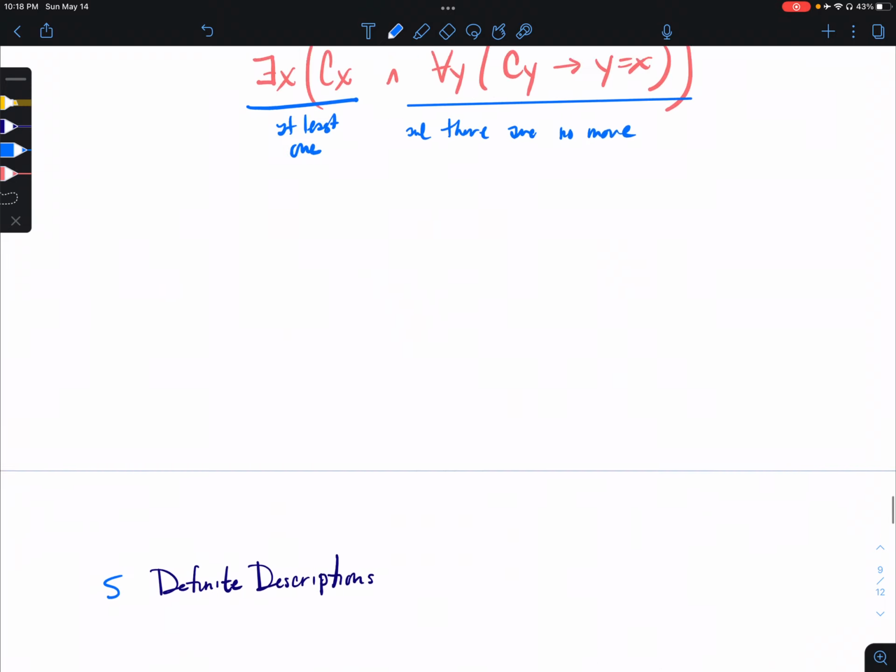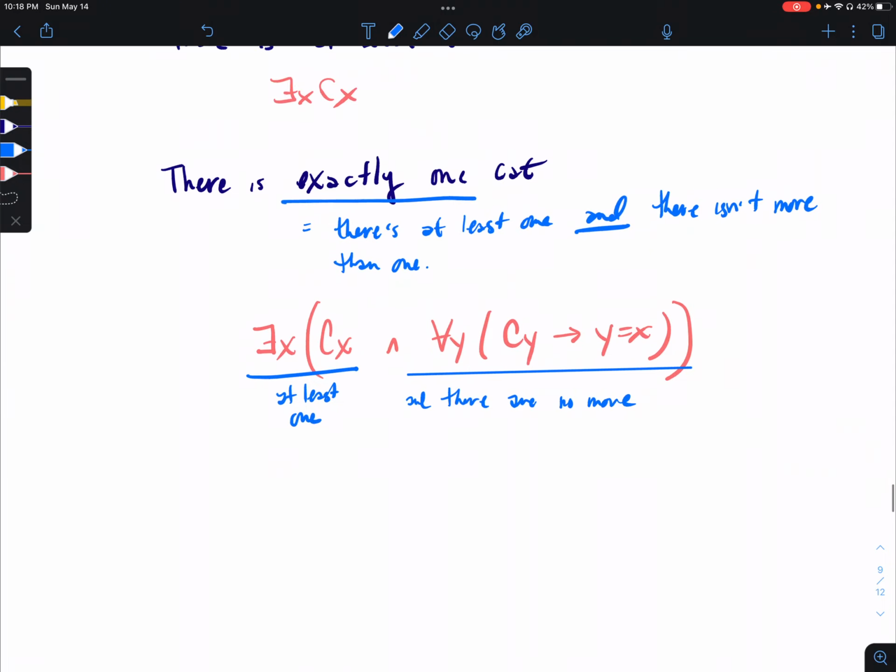So the uniqueness claim is going to be the same thing we saw before when we said there's exactly one. Here's the existence claim. There's exactly one cat. Well, there's at least one. That's the existence claim. And there are no more. That's the uniqueness claim. Now, unique means exactly one. For what it's worth, things can't be more or less unique, not technically.